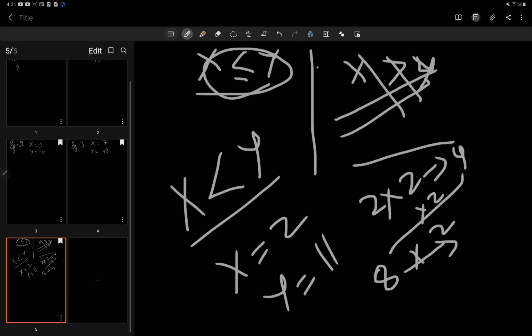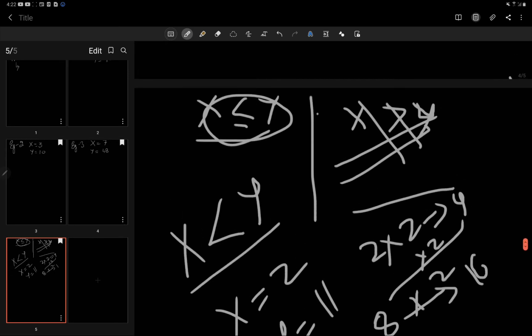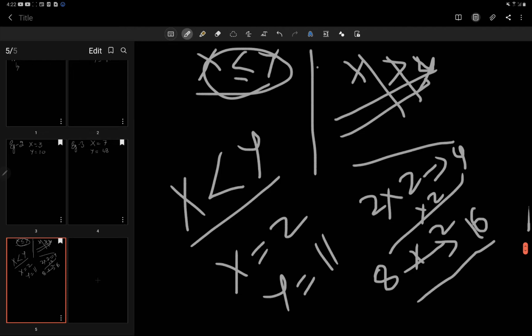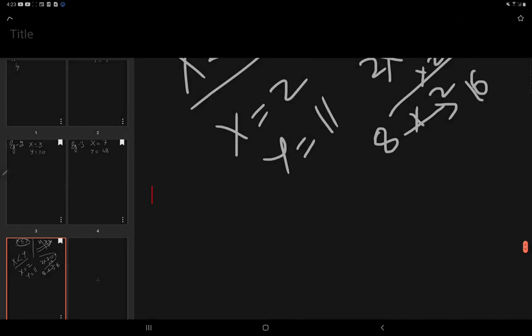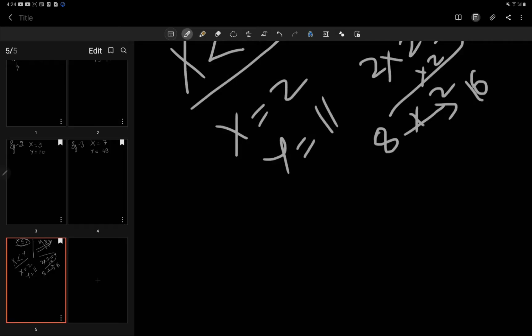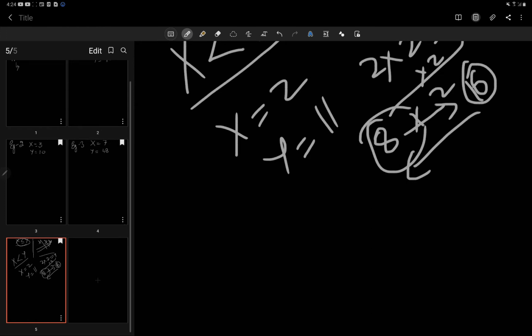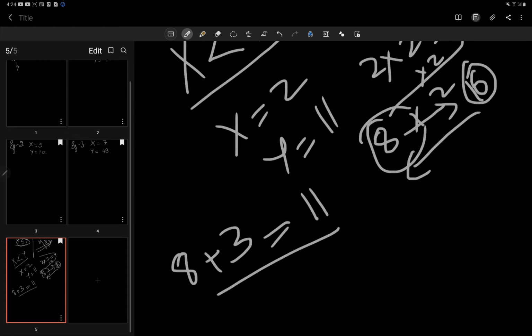If we multiply by 2 again, we get 16, which is much bigger than the number required. 16 is greater than 11, so we will stop at 8 only. By adding 3 to 8, we can get 11.